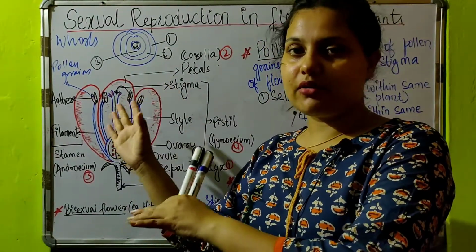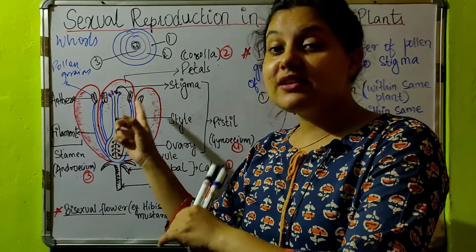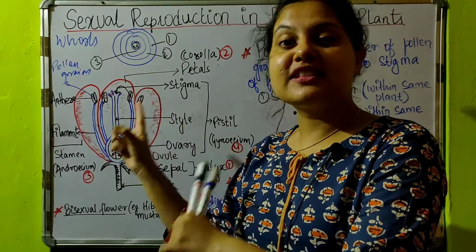This is the example of autogamy, that is pollen grain is transferred from anther to stigma of the same flower.